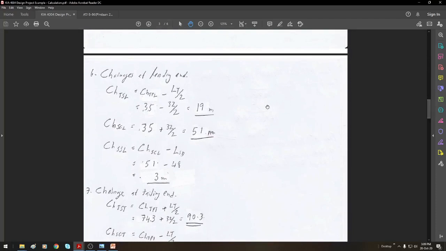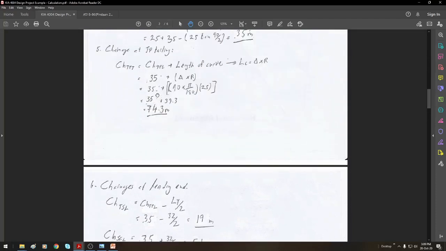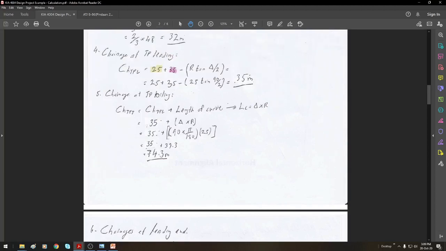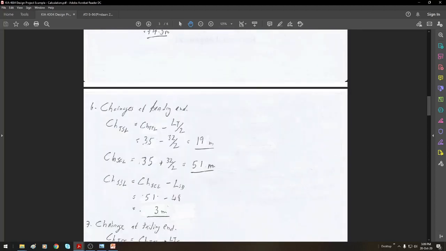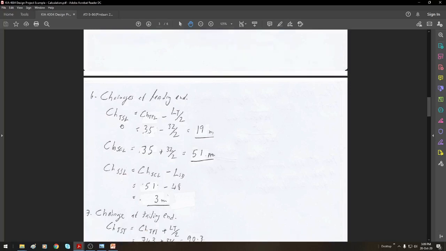Okay, next we calculate for the tailing, sorry, the leading. The chainage at the leading end for the points TS, SS, and SC. Tangent to spiral, spiral to curve, start of spiral.